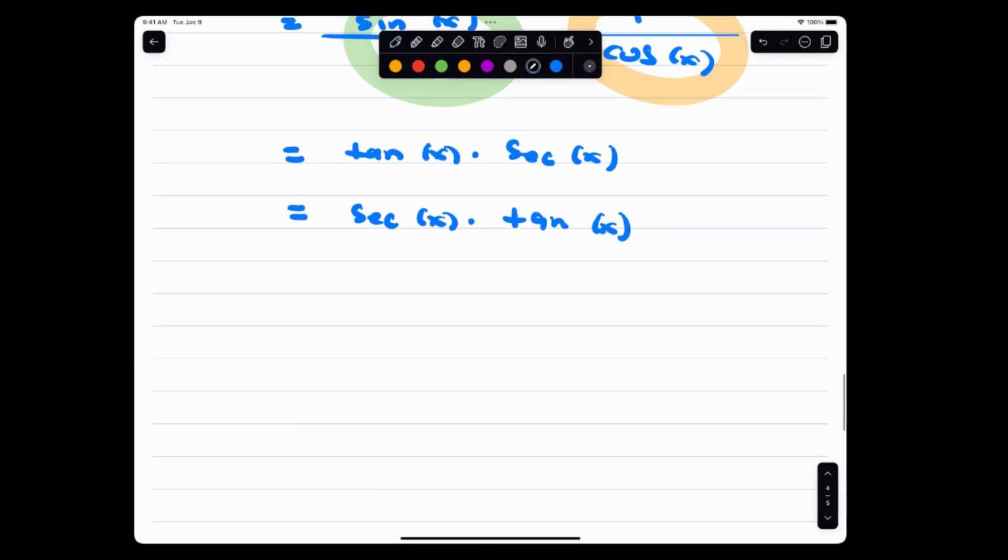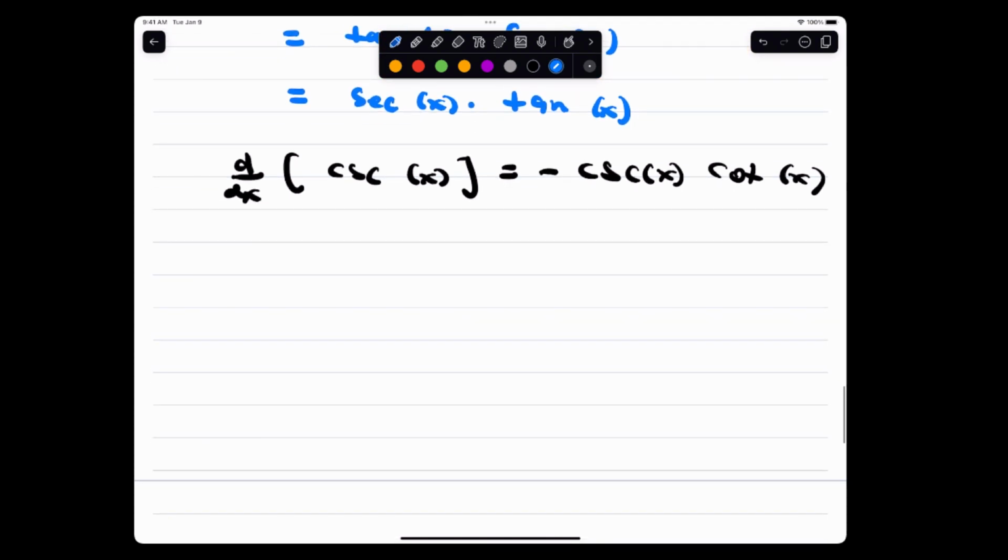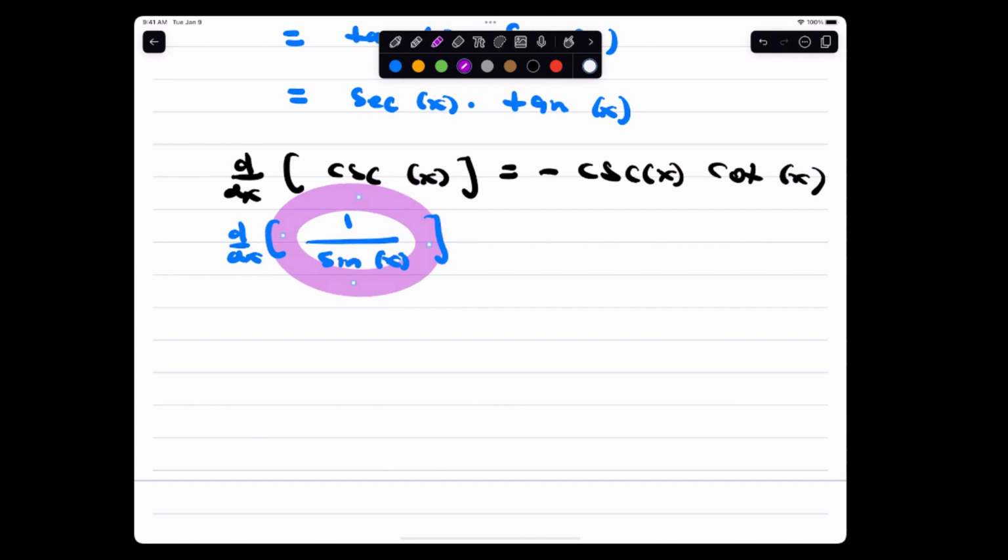Okay. So that just leaves us with the last remaining one. What's the derivative of cosecant? It's minus cosecant, what? Tangent. Cosecant is 1 over what? Isn't that 1 over sine? Write it as 1 over sine, and then right in here, you're going to use what?